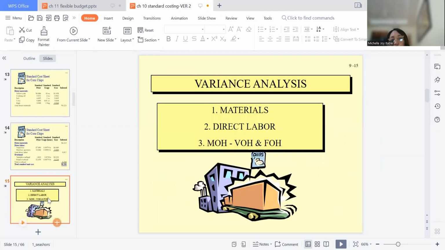So in variance analysis, we can divide it into 3: the materials variance analysis, the direct labor, and then the manufacturing overhead, which is actually composed of variable overhead and fixed overhead.